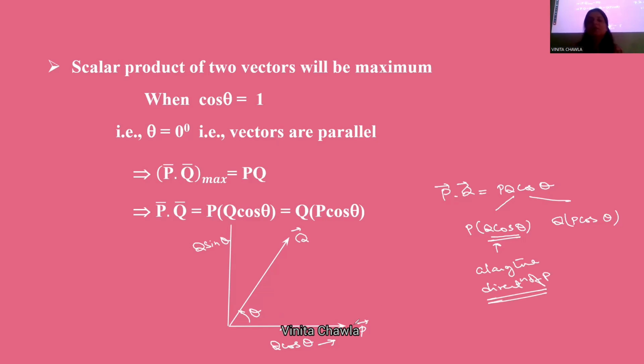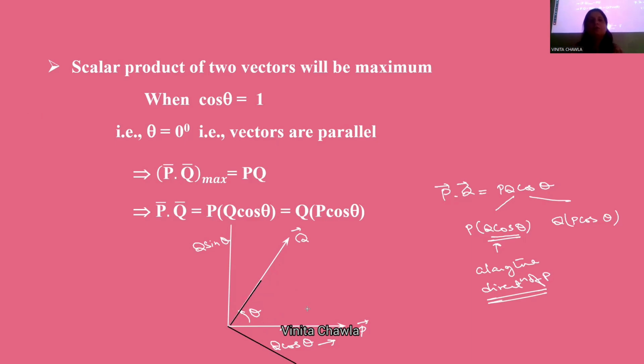Similarly, instead of resolving Q, we can also resolve P. So what if we resolve P into its rectangular components? This is the vertical component and this would be the horizontal component of this vector.